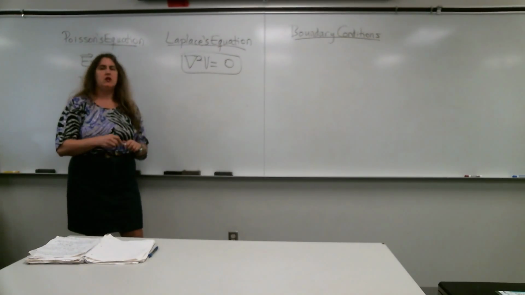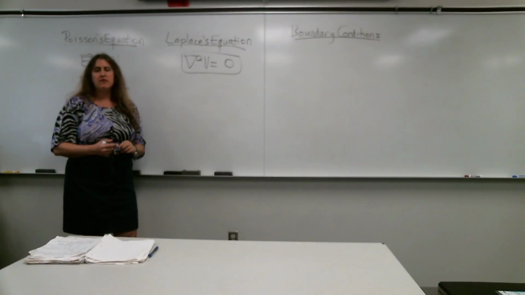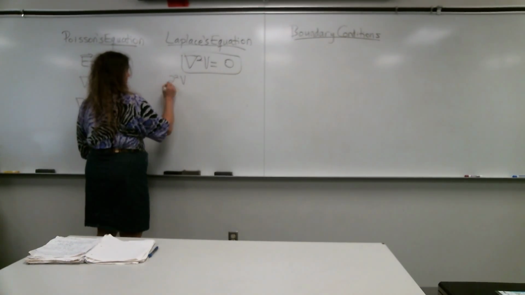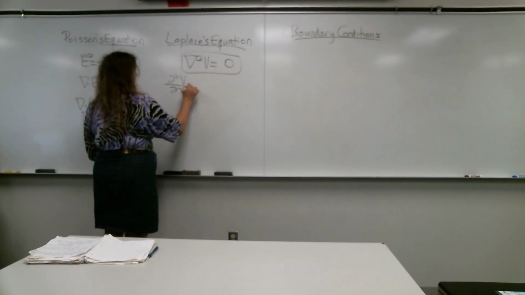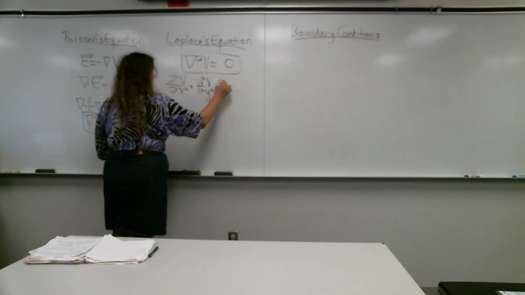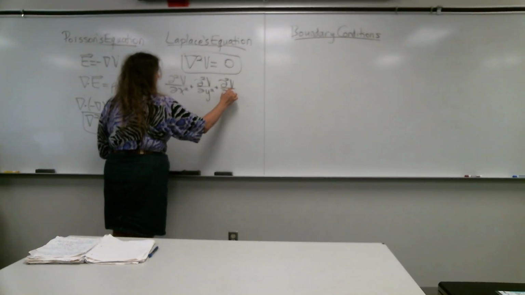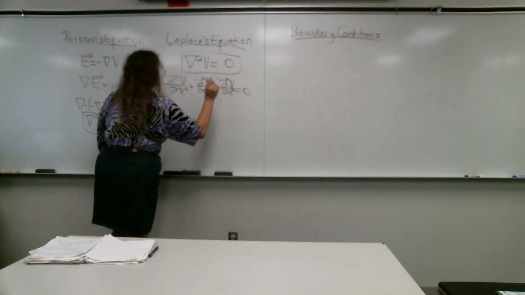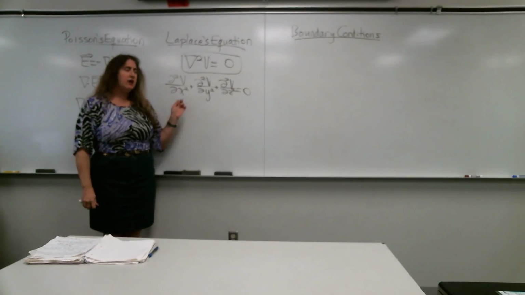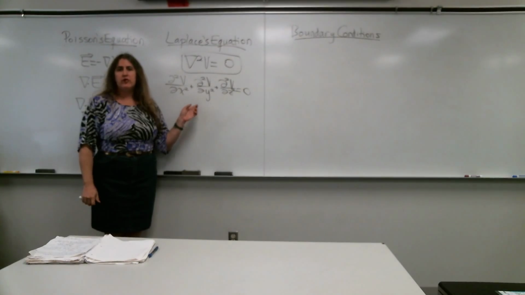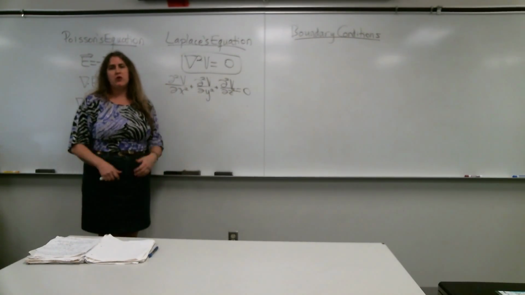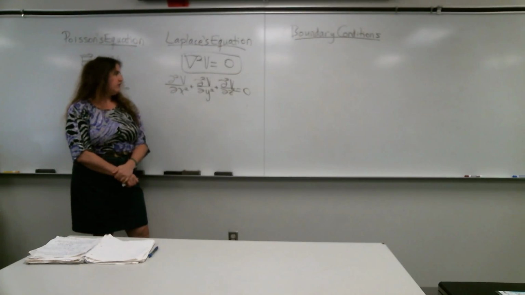As a reminder, Laplace's equation written out in Cartesian coordinates is equal to the second partial derivative of V with respect to x plus the second partial derivative of V with respect to y plus the second partial derivative of V with respect to z equals 0.